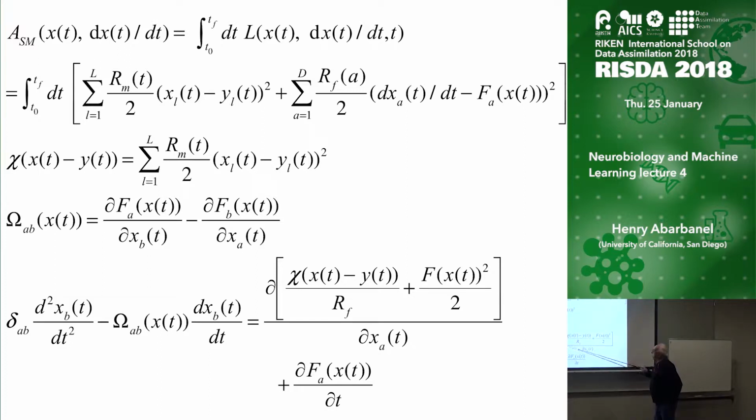And the gradient of this and the time gradient of that are what appear as the electric field. This is an inhomogeneous problem with the motion of a charged particle in a specified electric and magnetic field, a nonlinear function of the position. So it's the motion of a charged particle in an inhomogeneous magnetic field driven by the measurements.